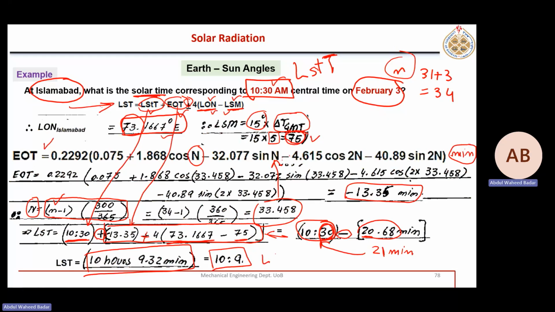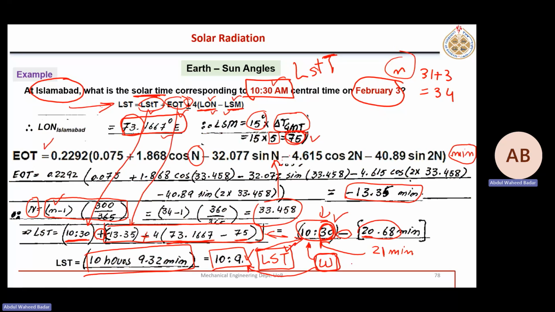Okay, so the local solar time is 10:09, but the local standard or clock time is 10:30. So our angle, which we discussed before, should be based on this local solar time, not on the basis of local standard time. But for simplification, because the difference is normally not very large, you may use the local standard time, but the correct or more accurate way is to use local solar time to find out that omega.